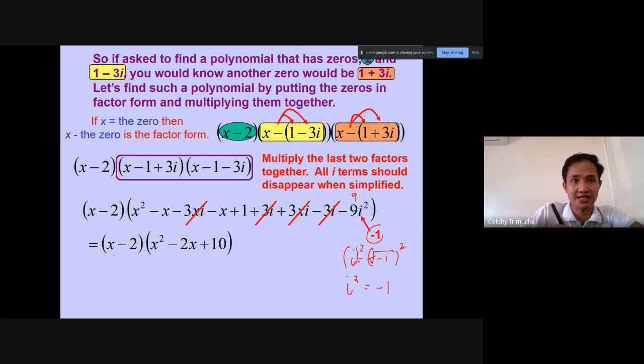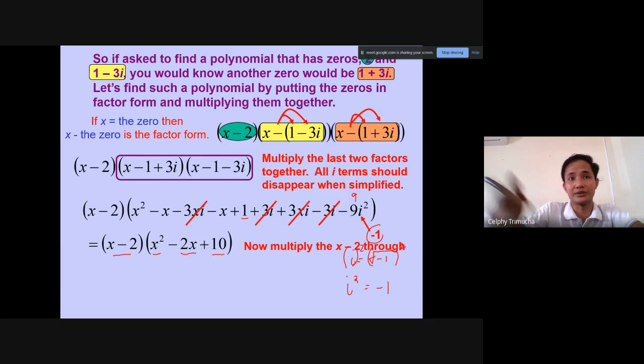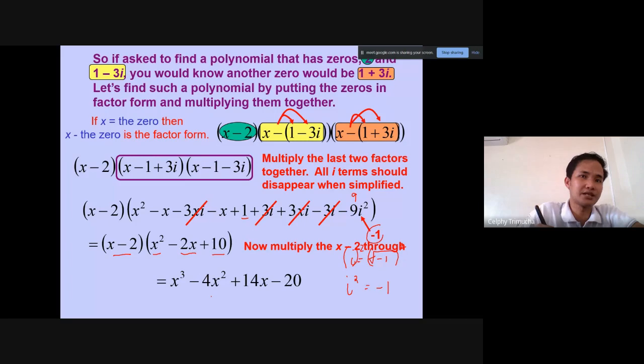So we have x minus 2, we have x squared, we have negative x plus negative x is negative 2x, plus 1 plus 9 is equal to positive 10. So that's it para sa aton nga array sa aton nga complex number. So in order to completely expand this one, multiply ta na sila, we will come up with an answer x cubed minus 4x squared plus 14x minus 20.